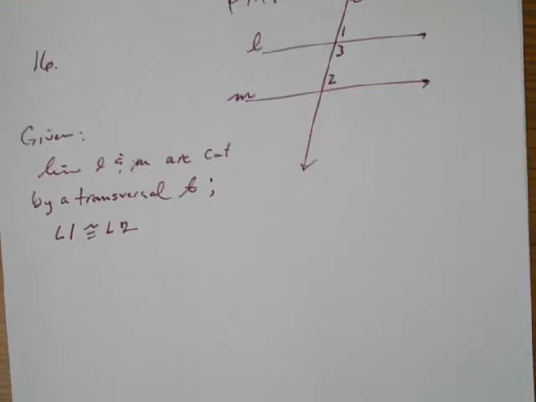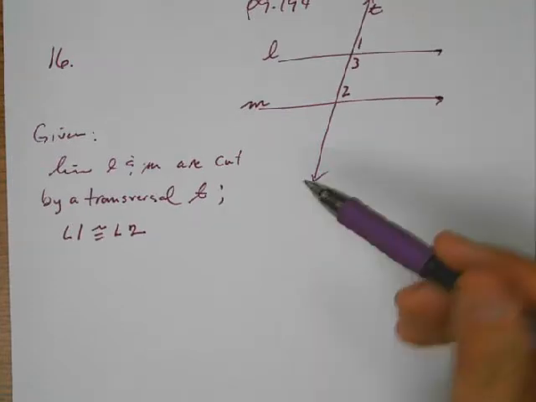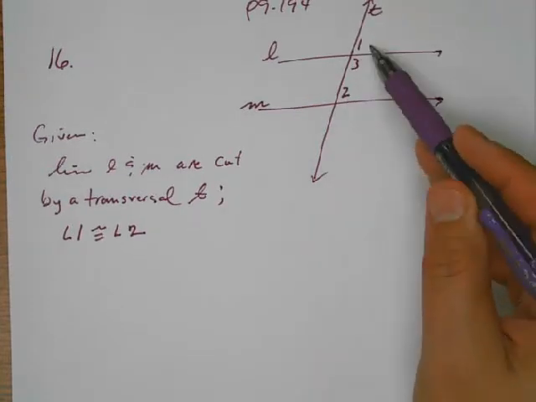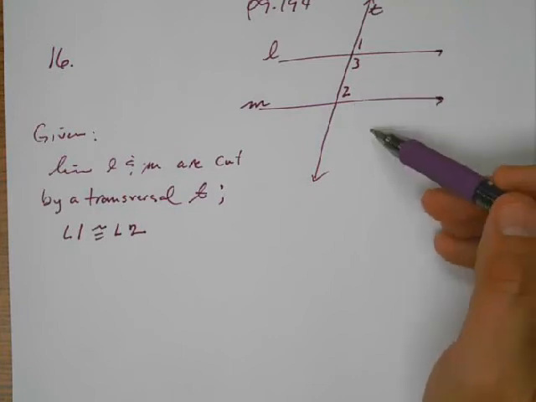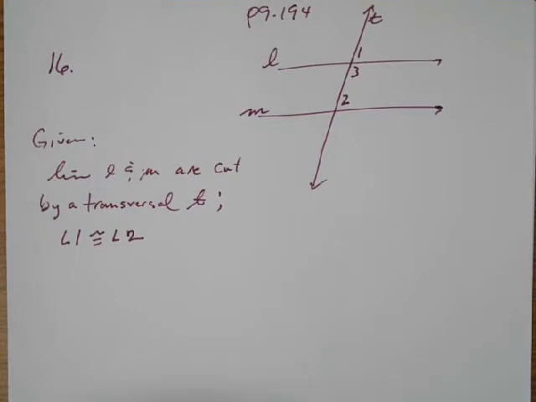Now, we're trying to prove the converse, so we can't use the theorem that we're trying to prove. So we can't say, oh, because corresponding angles are congruent, then the lines are parallel. Now, we know that's true, but we're proving it true, and so we can't use it in its own proof. That's kind of confusing, but that's what we mean.